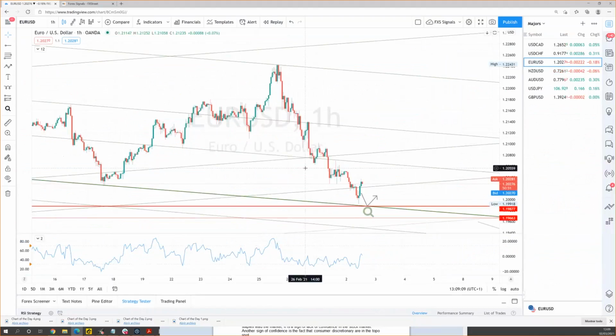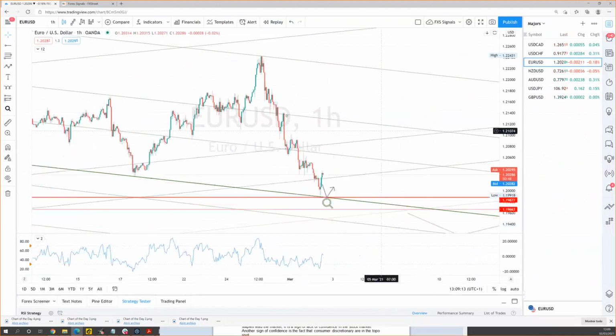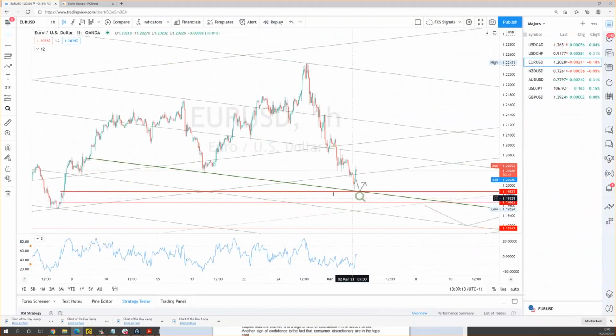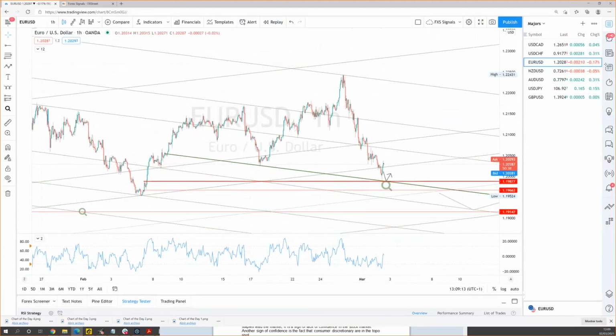Okay, so let's start here with the euro. It's a 1 hour chart, and we have identified here a support, which we might see as appropriate for a limit long.